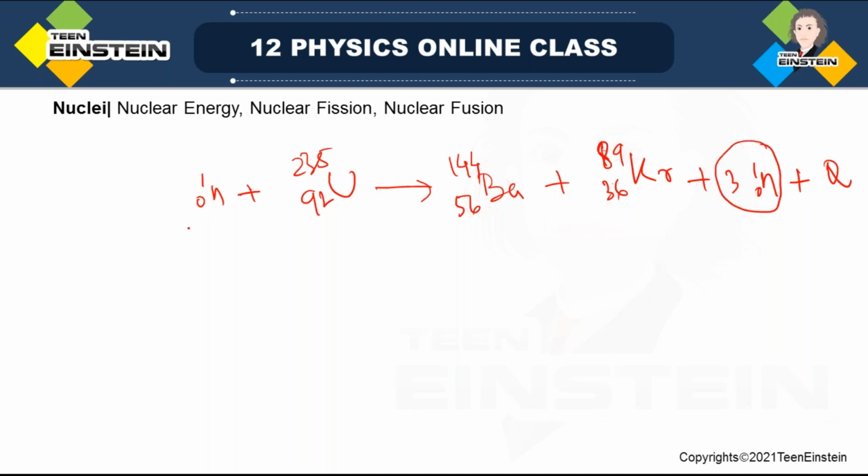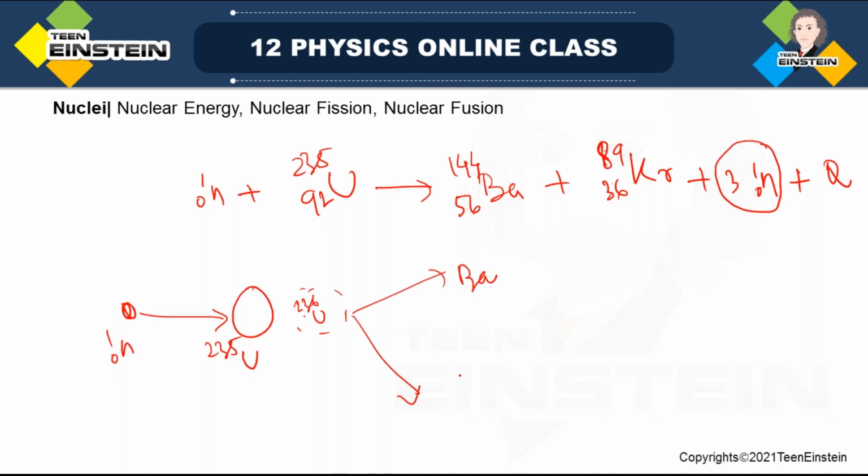Now these neutrons, if I draw the diagram for this, suppose this is a neutron bombarding uranium 235, then it becomes 236, which is unstable. Like that it breaks into two, barium and krypton, and along with that 3 neutrons are produced again.